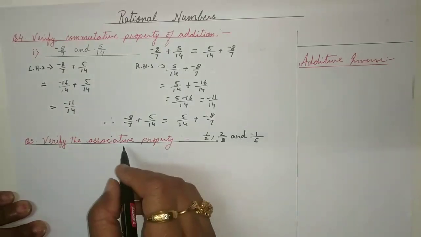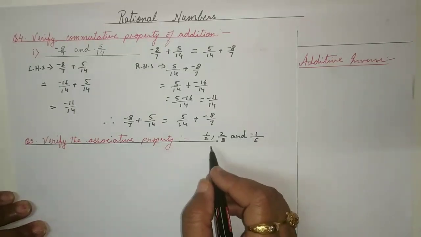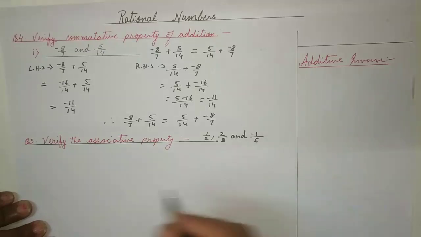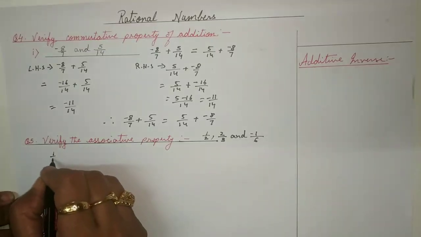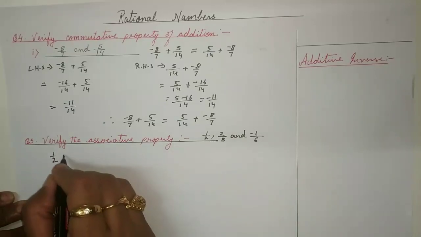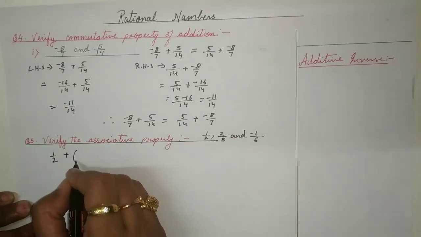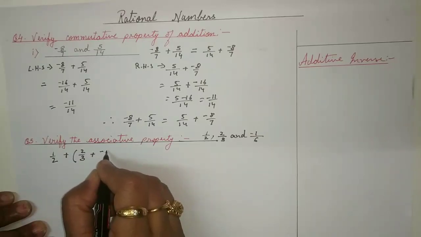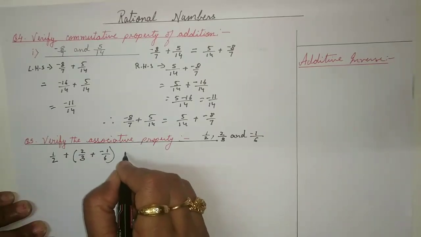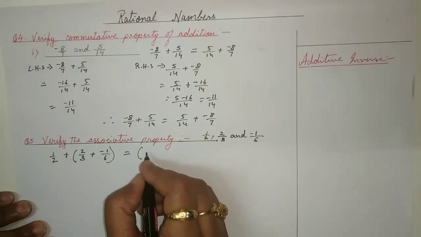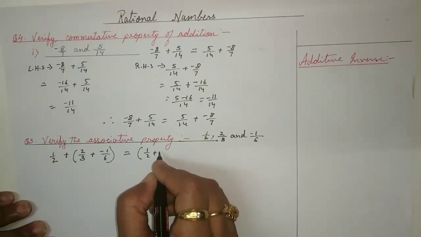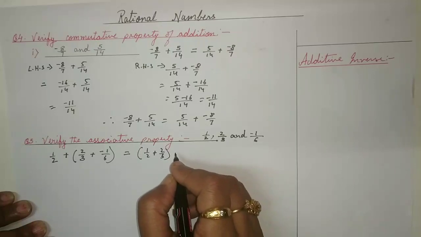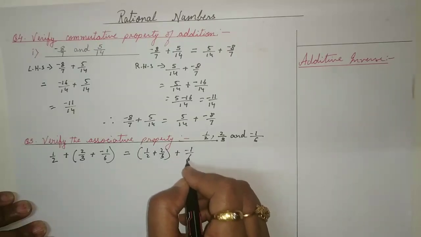If we have to verify the associative property, which is with 3 fractions, we have to prove that the first fraction plus, within bracket, the second fraction plus the third fraction is always equal to the sum of the first and the second fraction added to the third fraction.